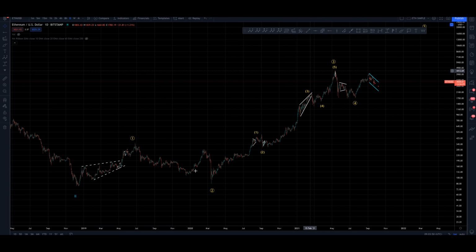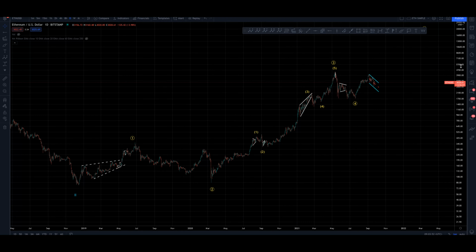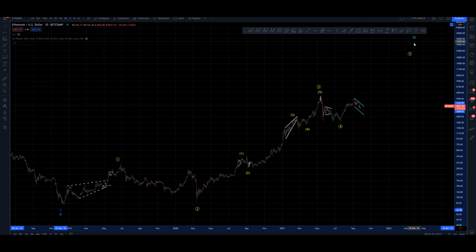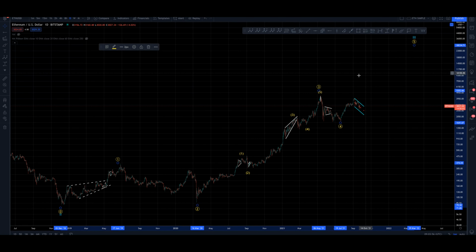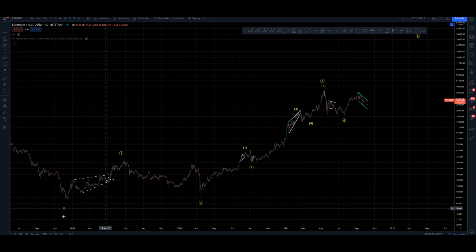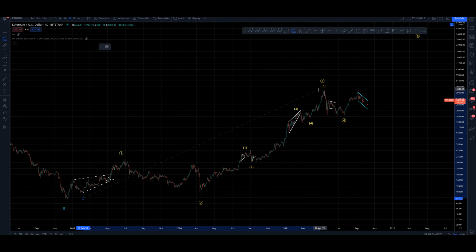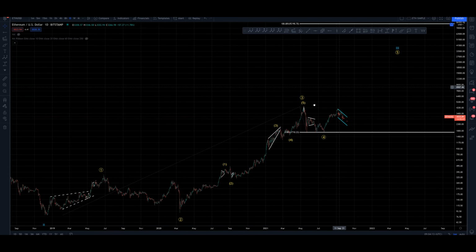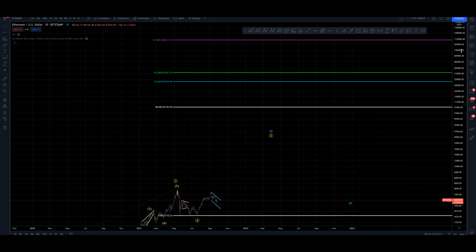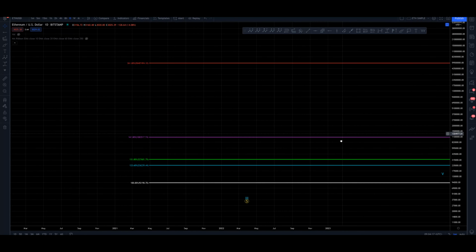So having accounted for the skew in the wave 3, we should project forward on the same basis in log scale if we're going to make projections for a wave 5, because once again the linear scale just wouldn't make any sense. So let's take a couple of classic targets. Let's take the whole length of 1 to 3 and project this from 4 to find the 61.8% golden ratio. This is one target.